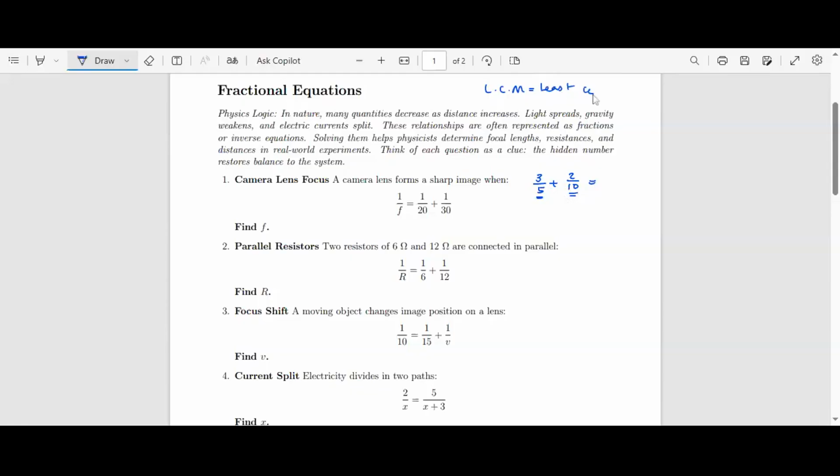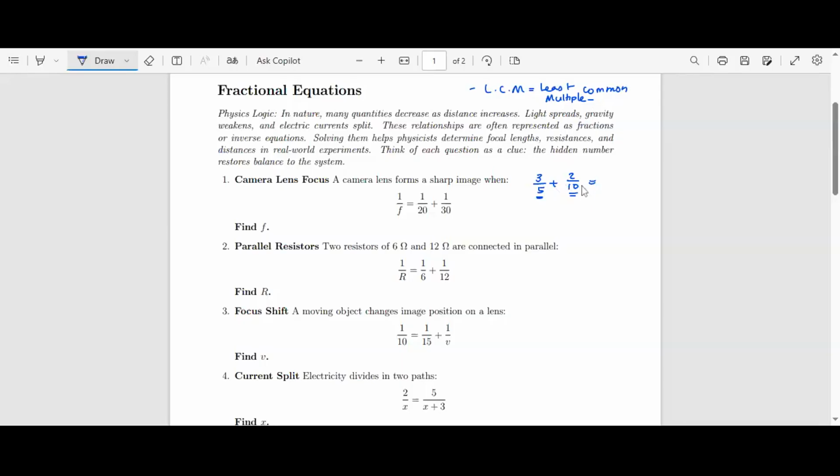Least common multiple means you multiply 10 by something and 5 by something, and you get to the same value after multiplying 5 by a certain number and 10 by a certain number. So here it's very easy.